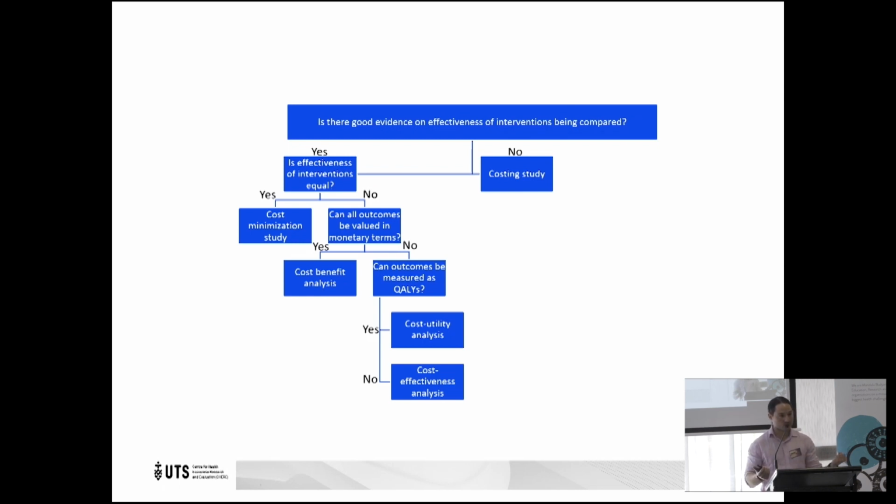Obviously, one's more resource intensive, one's less resource intensive and more convenient, but you sacrifice accuracy. Is there good evidence of the effectiveness of the interventions being compared? I think they're very well researched, so yes. Is effectiveness of the interventions equal? So again, effectiveness, we're talking about COVID diagnosis accuracy. I'd say no. Some might disagree.